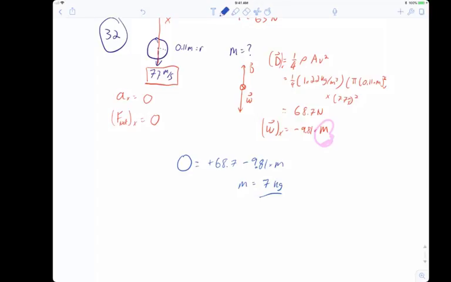All right, now it's time for question 35. Blocks with mass 1 kilogram, 2 kilograms, 3 kilograms are lined up in a row on a frictionless table. 1, 2, 3. All three are pushed forward by a 12 Newton force applied to this block.